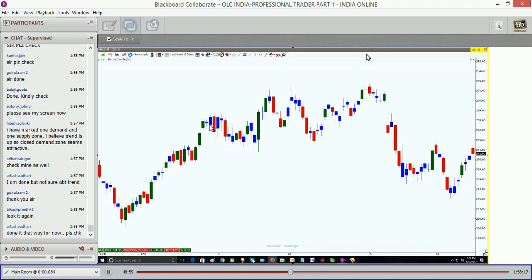No, you're not marking it correctly, or is it going like that? Let me just take control and check, Balaji. Give me a minute. Where is your demand zone tool, Balaji? Your demand zone tool.